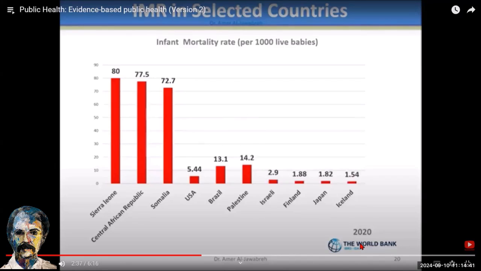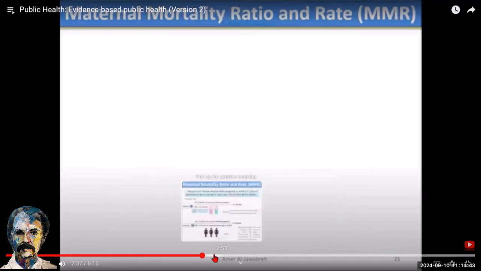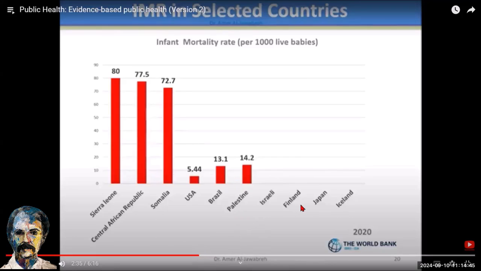Best of all is Iceland, which is the lowest, 1.5 per 1,000. That reflects mainly a good health system. Okay. This is IMR. That's why from these vital statistics, like IMR, you can judge the health system, how good it is or how bad it is.